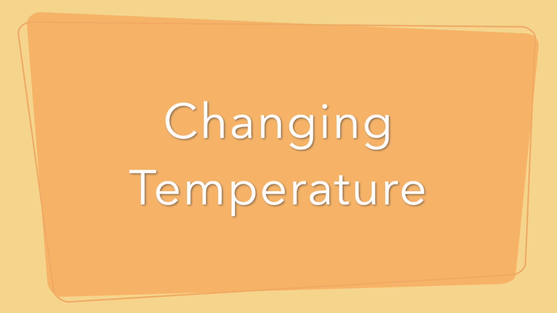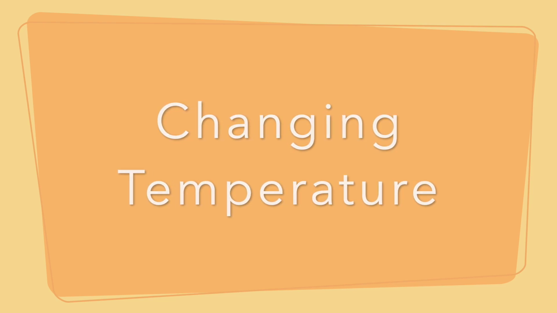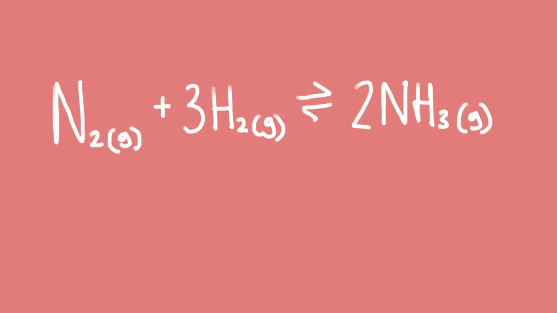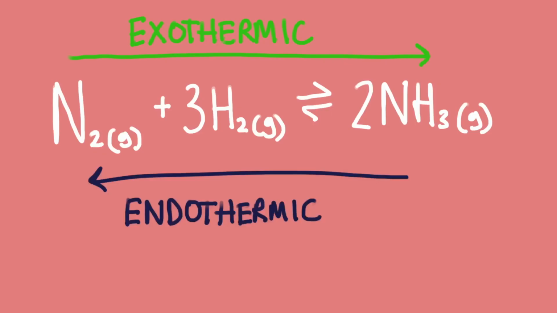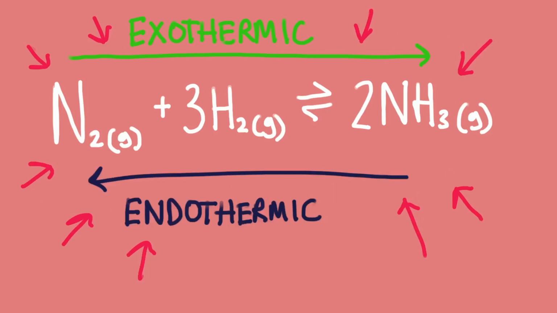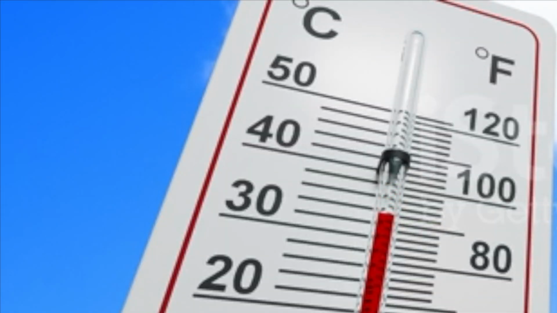Let's have a look at the effect of changing temperature on the position of equilibrium. The forward reaction of the Haber process is exothermic, which means that heat energy is released to the surroundings, increasing the overall temperature. The backwards reaction is endothermic, and so this means that heat energy is taken in from the surroundings into the substance, so the overall temperature decreases.